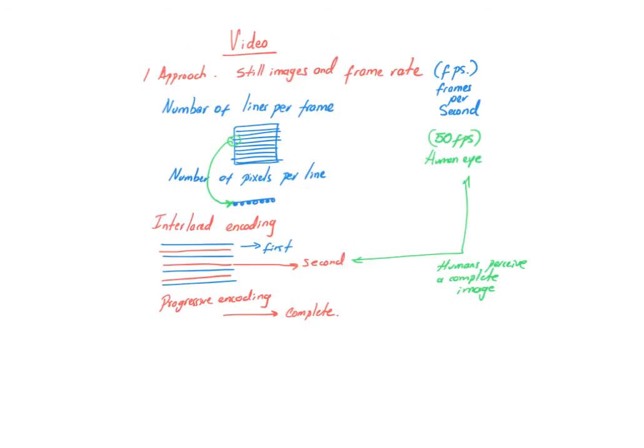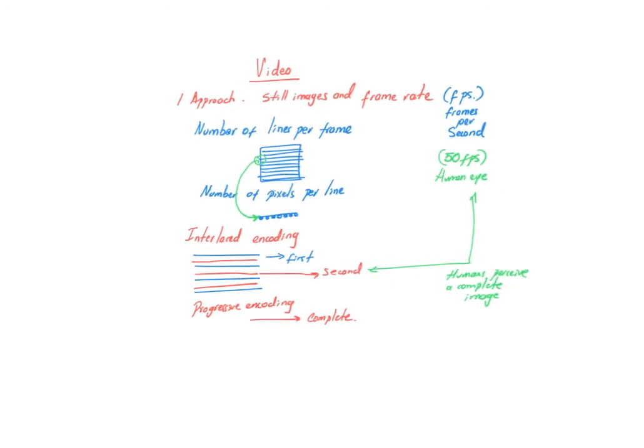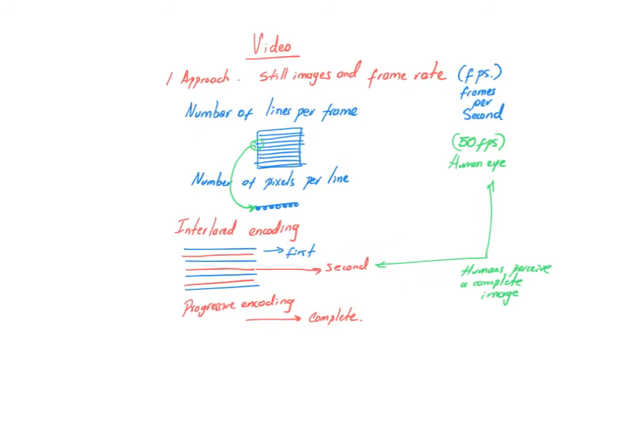Now, video is a little bit different. You could think of video as just a bunch of bitmap files, still images, and then you would define a frame rate, like how many times I project those still images on the screen. That's one approach.